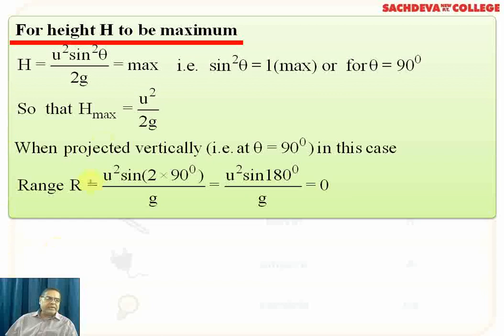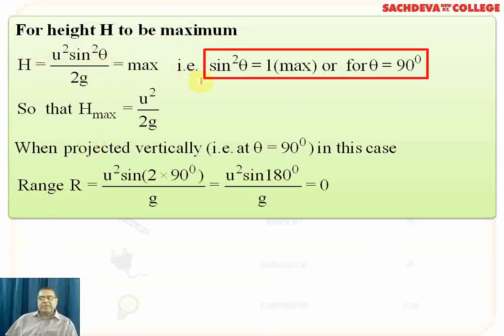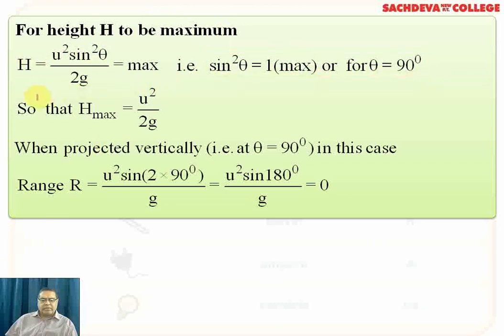Now for the height to be maximum, h is u square sine square theta over 2g. That will be maximum when sine square theta is equal to 1, or theta is 90 degrees, because sine 90 will always be 1, and if we take the square of 1, it will remain 1. So h maximum is u square over 2g when projected vertically, that is at theta 90 degrees.